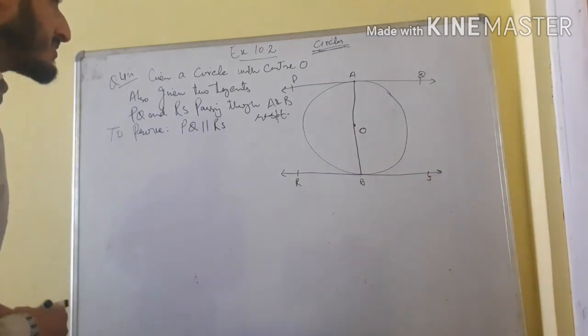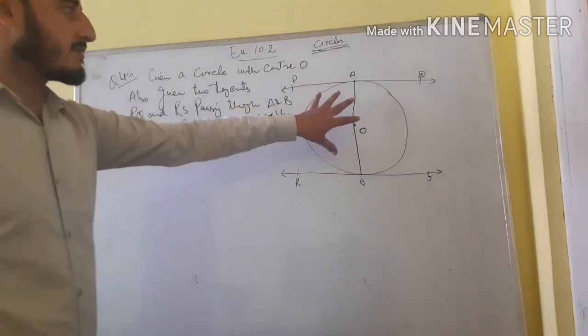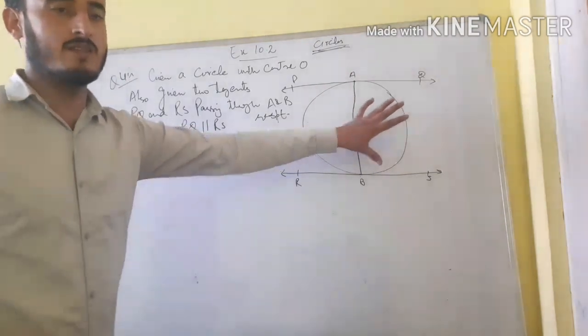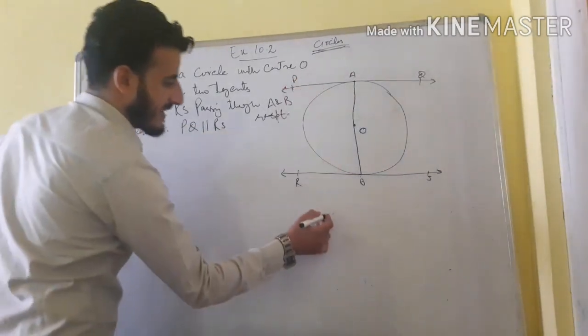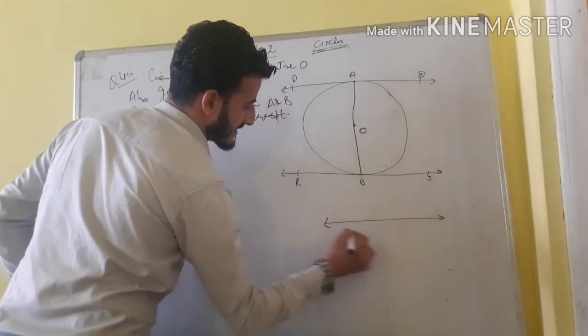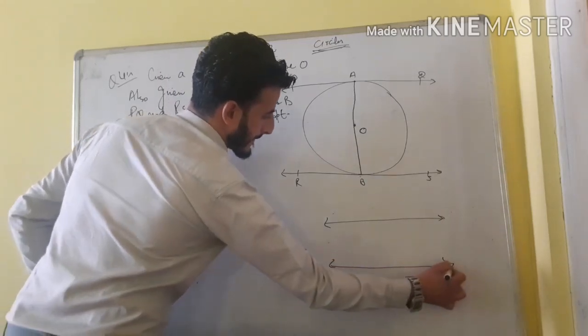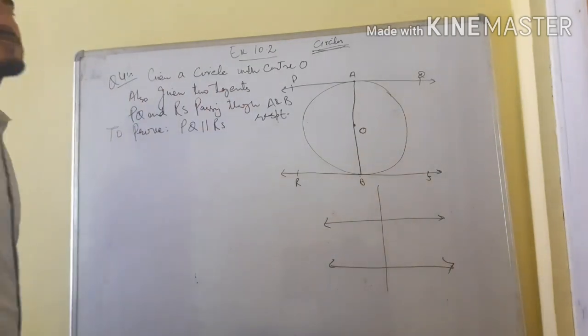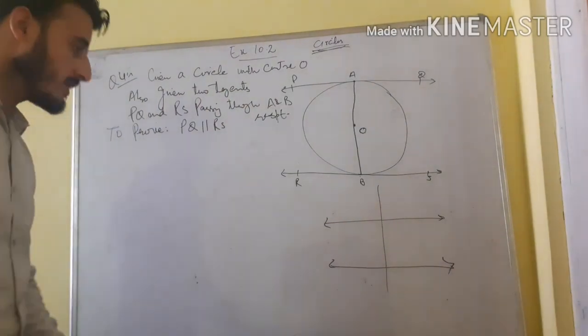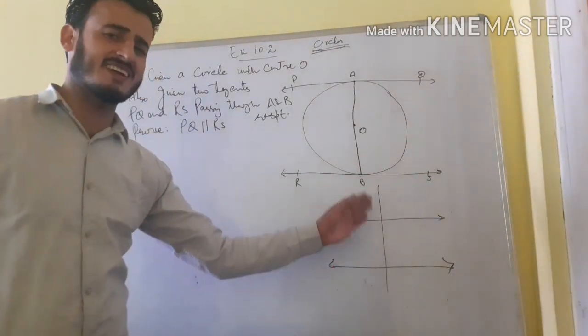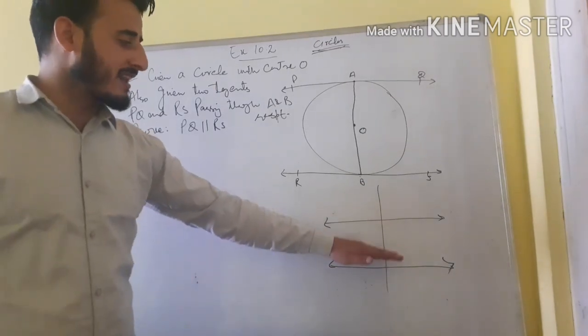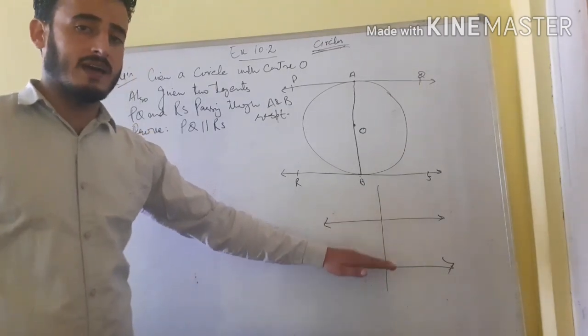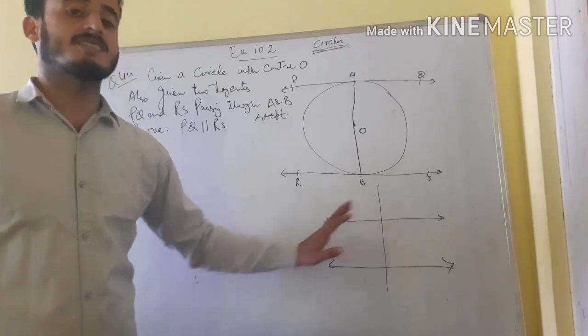Okay. Here, in order to prove this, forget about the circle. Consider there isn't a circle. If we draw the figure without the circle, it should look like this. So these are the two lines and this will act as the transversal. You all know, for both the lines, this will act as a transversal. Both the lines will always be parallel if their alternate angles are equal.